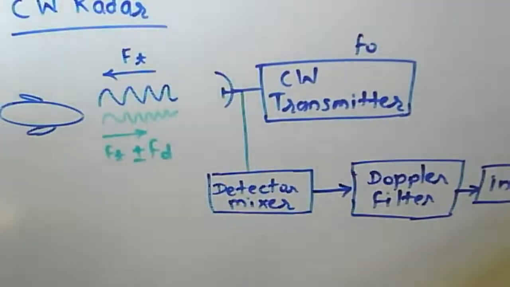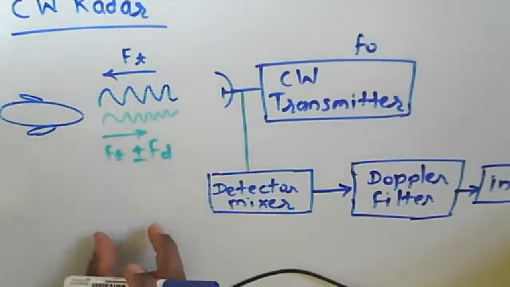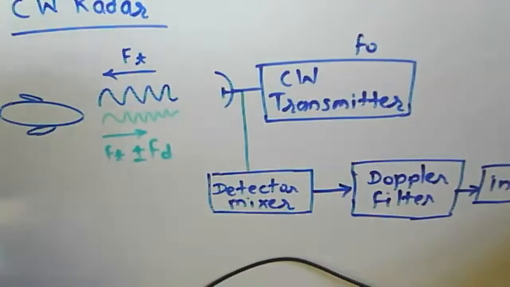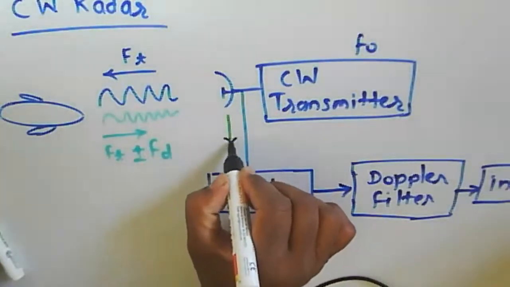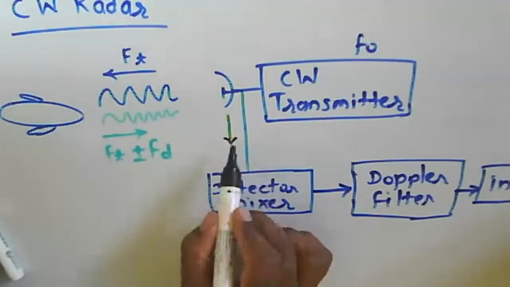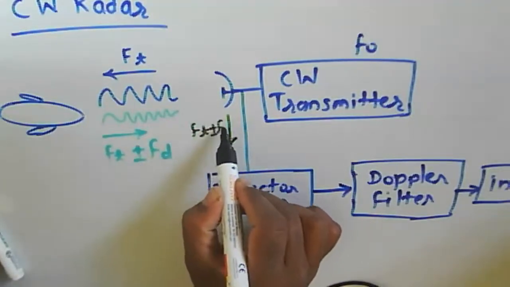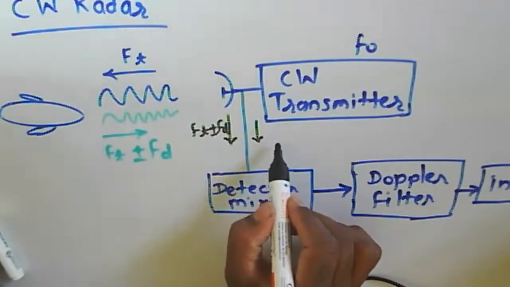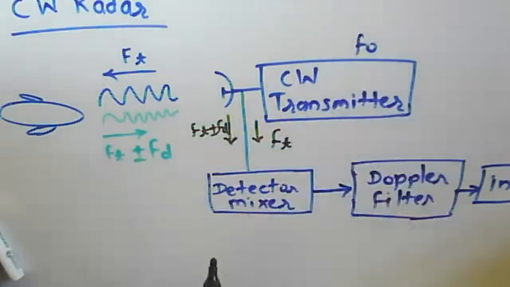Likewise we can find out what the change in the frequency will be. Now at the receiver, we are getting two signals. One signal is ft plus or minus fd, and the other is only the signal we are transmitting, that is the oscillator frequency signal.